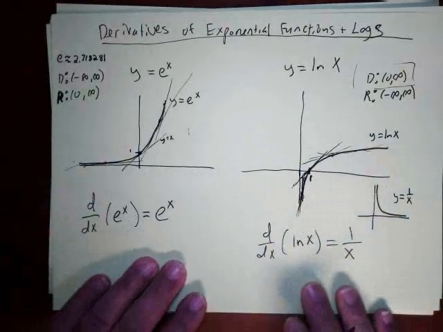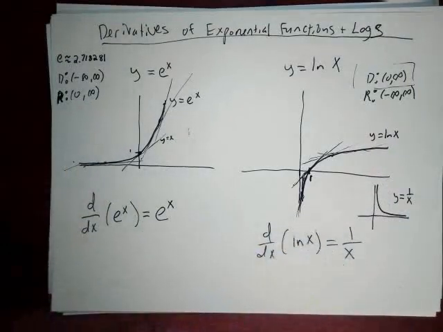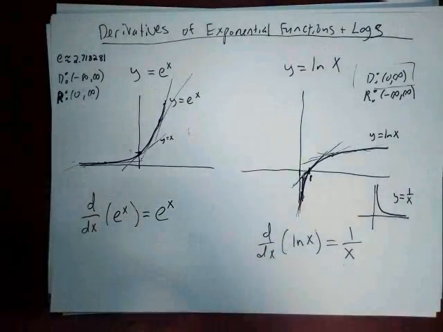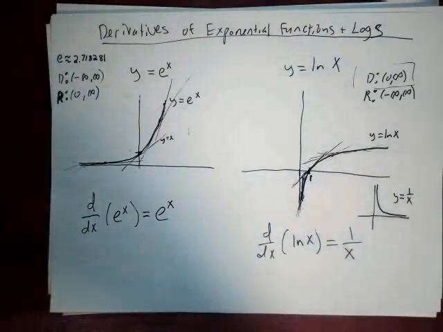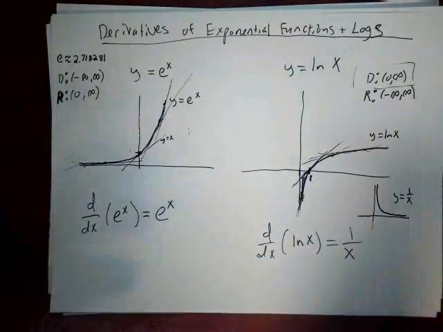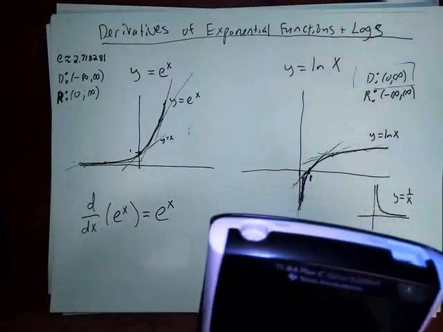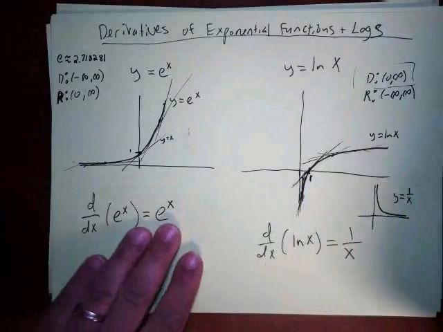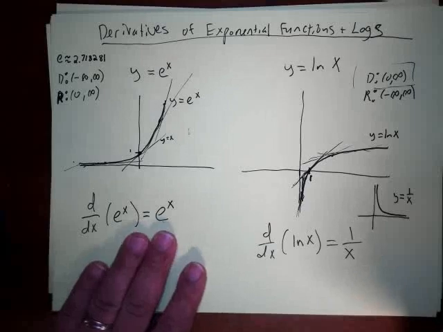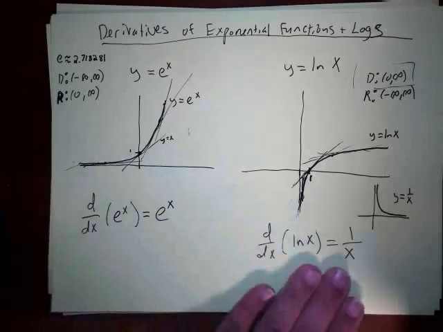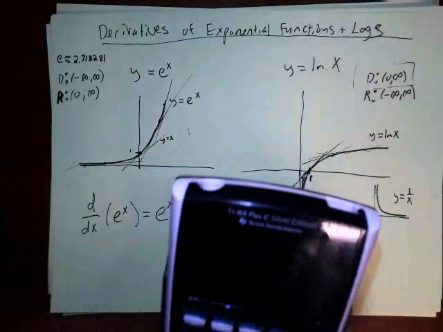So these are the main two derivatives for exponential functions. As it turns out, they're the only ones you need because you can write any exponential function in terms of e to the x, or any log in terms of the natural log.